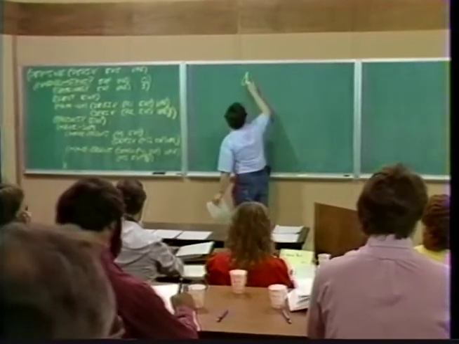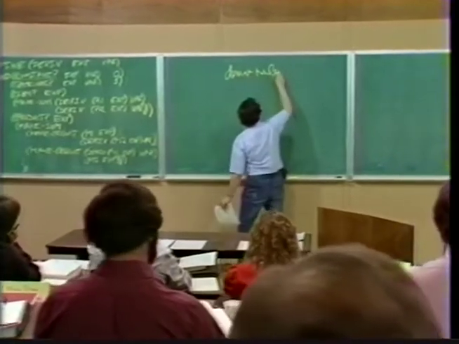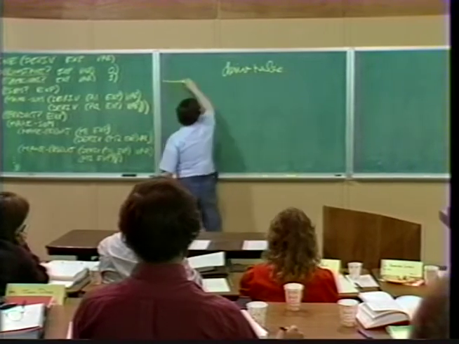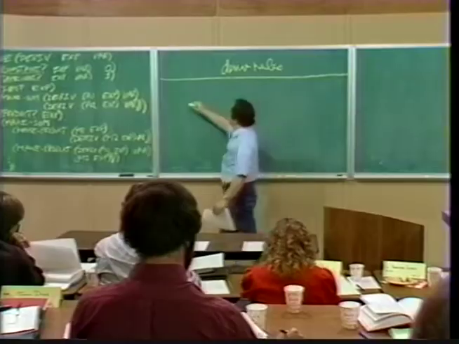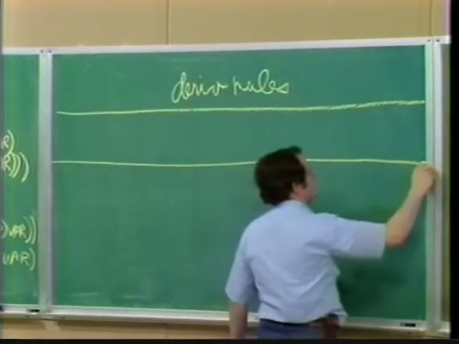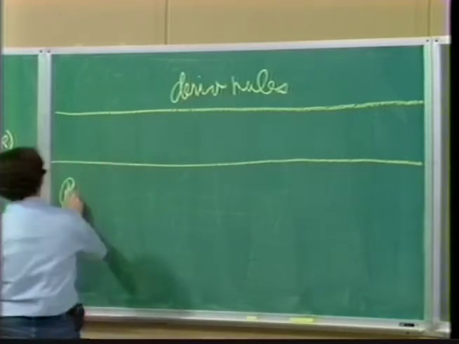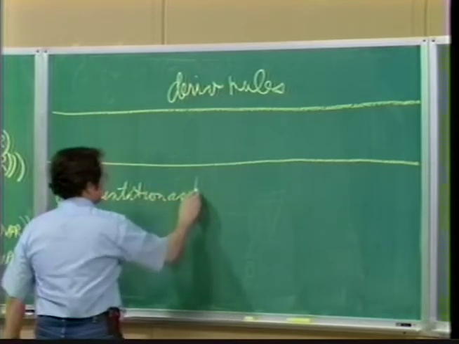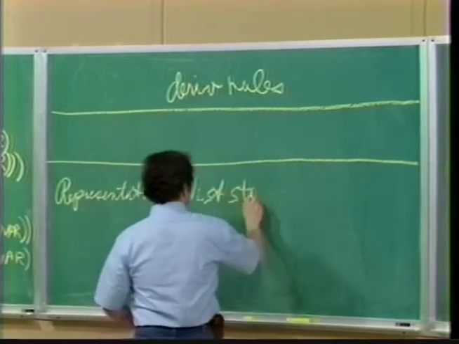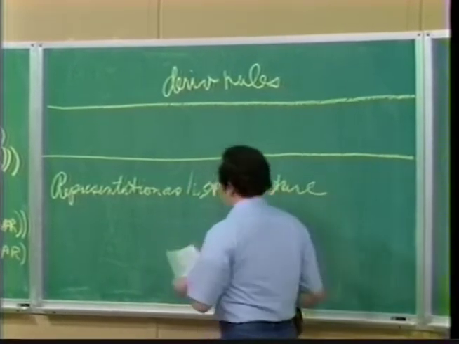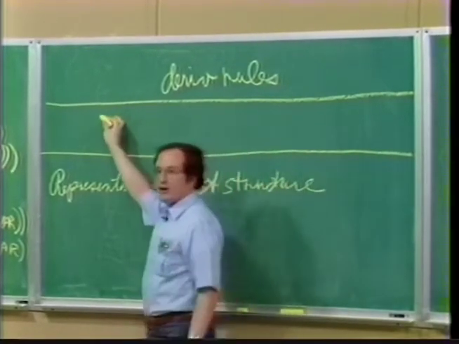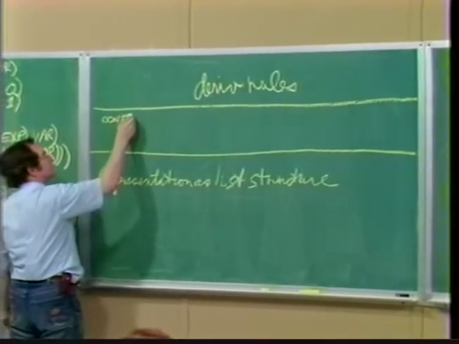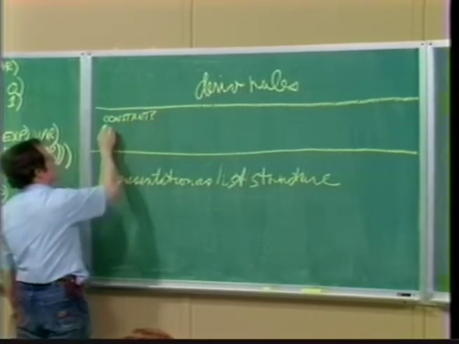You see, because we've solved our problem very carefully, what we've done is we've divided the world into several parts. There are derivative rules and general rules for algebra of some sort, at this level of detail. And I have an abstraction barrier, and I have the representation of the algebraic expressions, list structure. And in this barrier, I have the interface procedures. I have constant. I have things like same var.